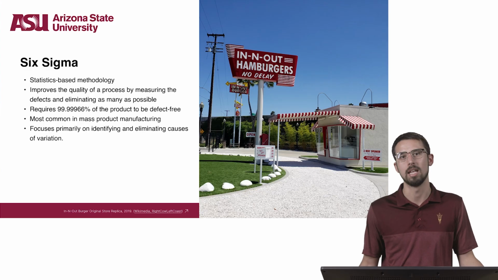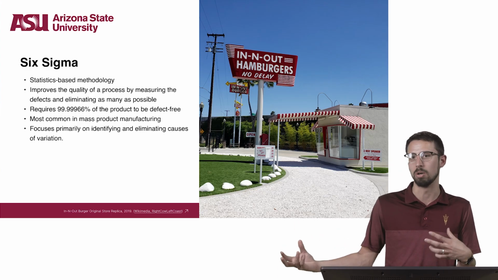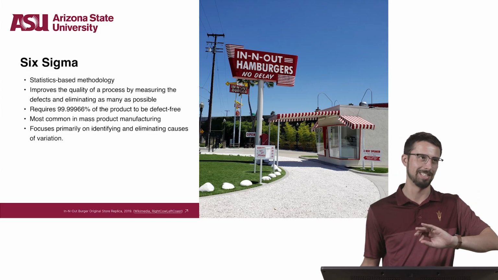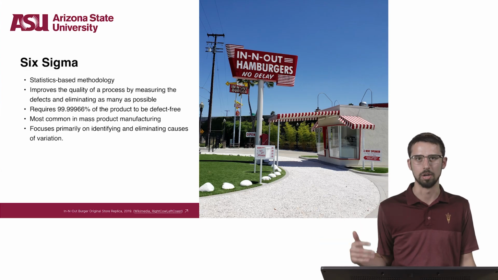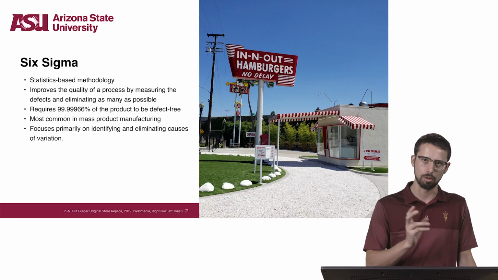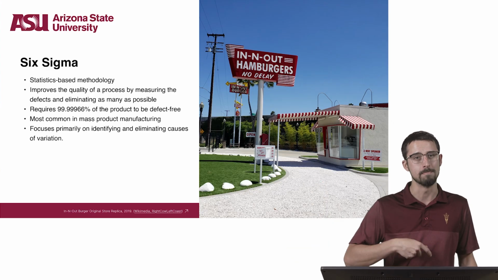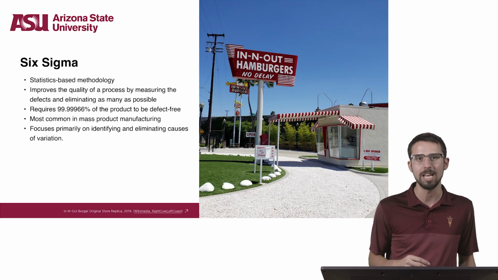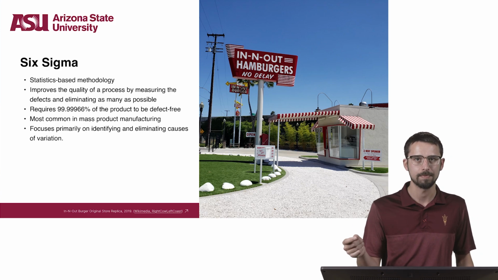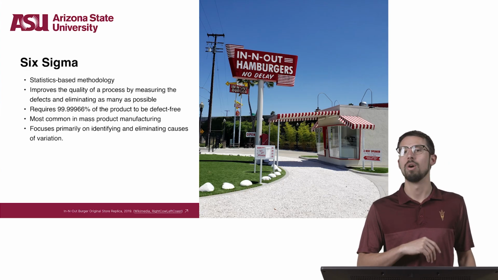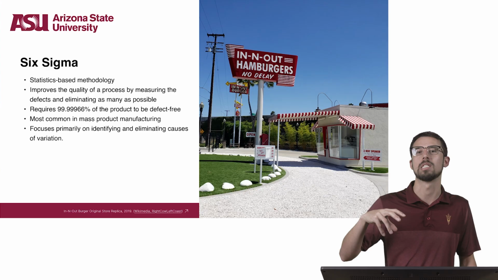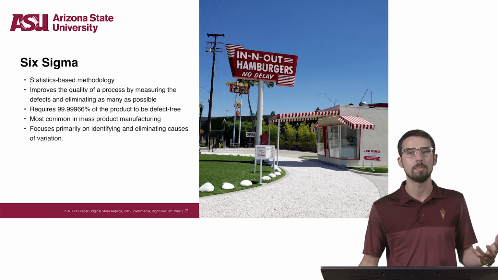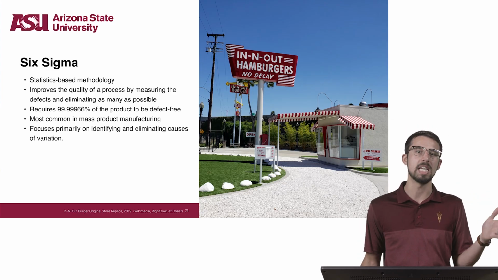A process can actually attain what's called a Six Sigma rating if it is 99.99966% defect-free, which roughly converts to 3.4 errors per 1 million of the final product. Your project deliverable effectively must be defect-free. Whether that product is physical or digital really doesn't matter, but this practice is incredibly common in mass product manufacturing. And this is achieved by using a structured approach called DMAIC.